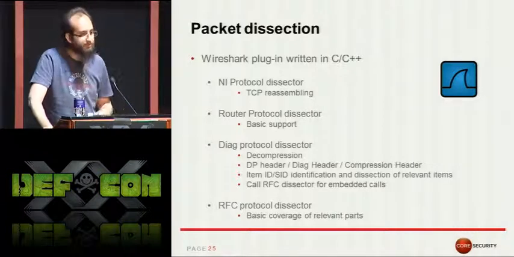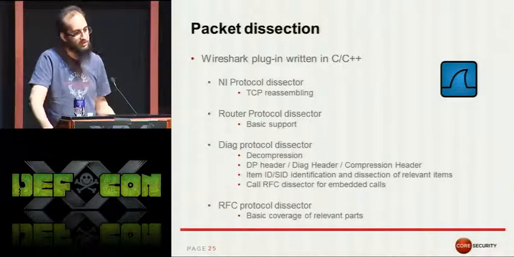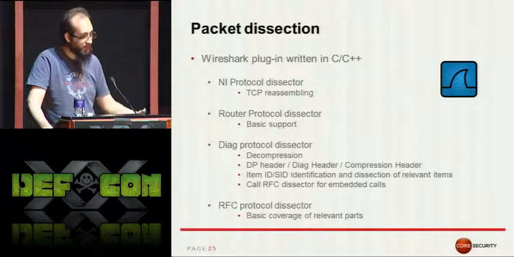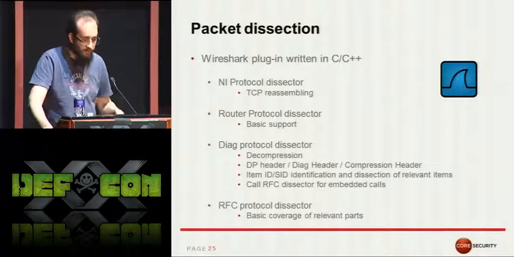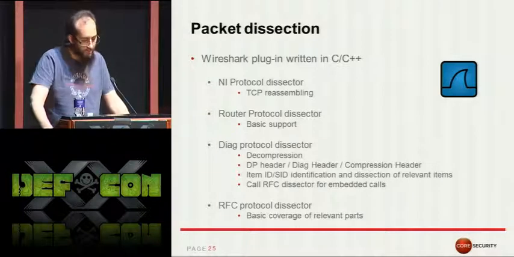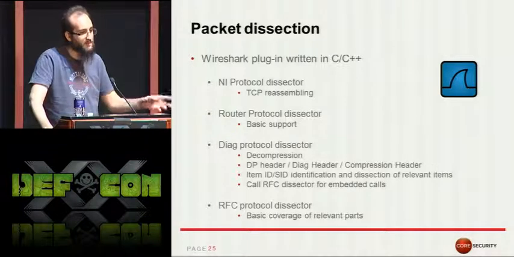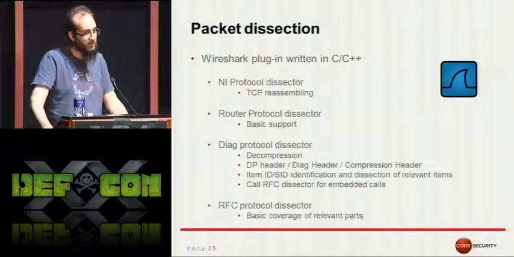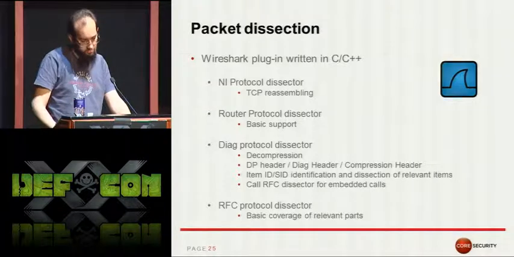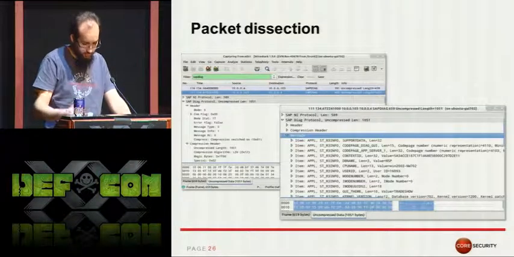It has some basic coverage because it's another protocol, and it would need another research project. But some of the relevant parts of an RFC code are also dissected. So here are some screenshots. I will be showing some fun with the tool later.